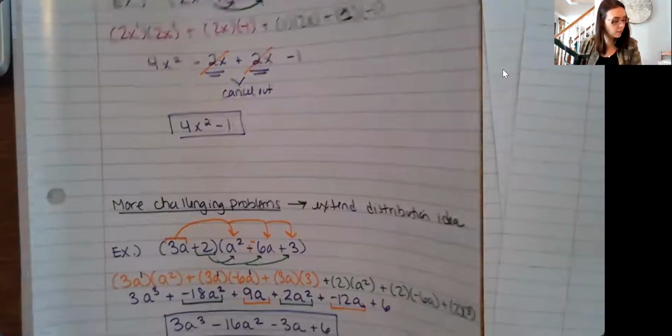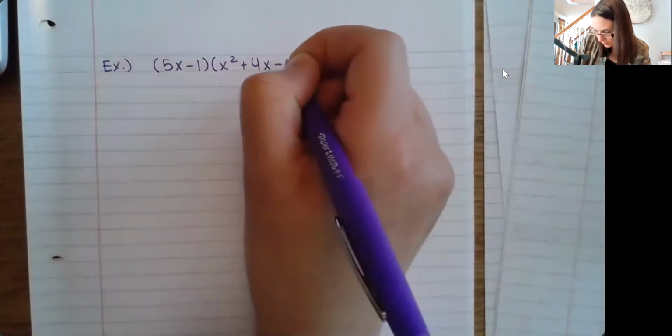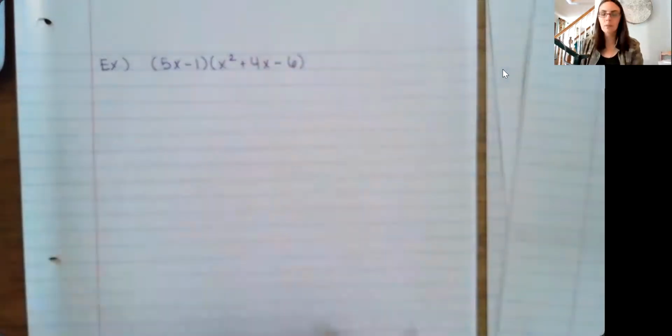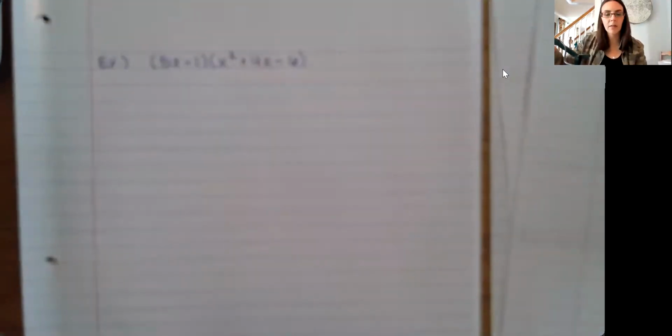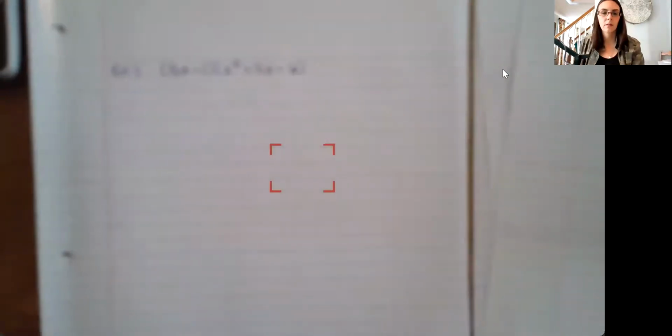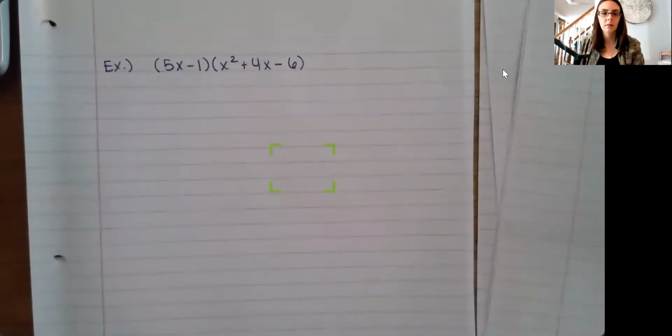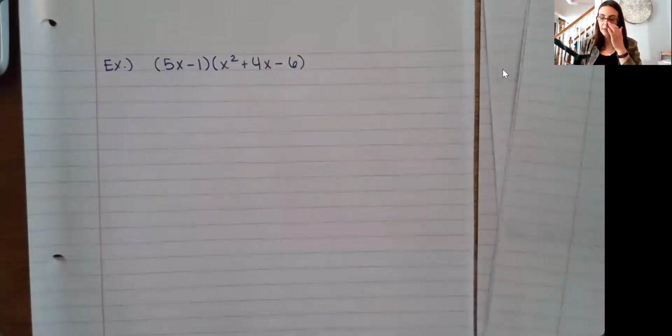All right, I'm going to do one more example here for you guys, and then I think that'll be enough for our examples. So we'll do another one of a similar style. 5x minus 1 times x squared plus 4x minus 6.